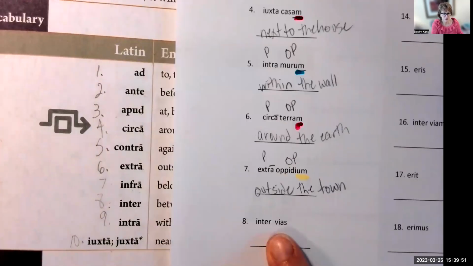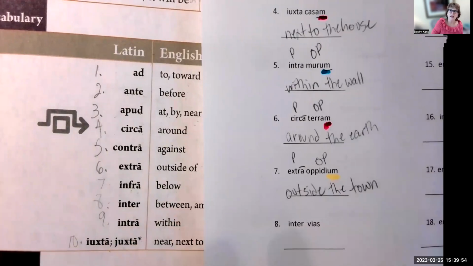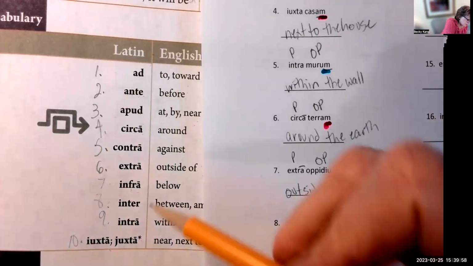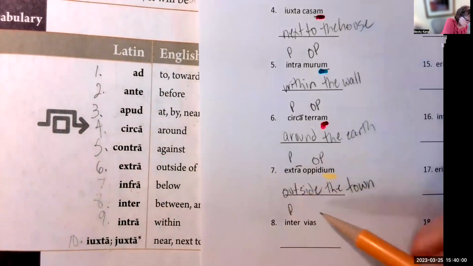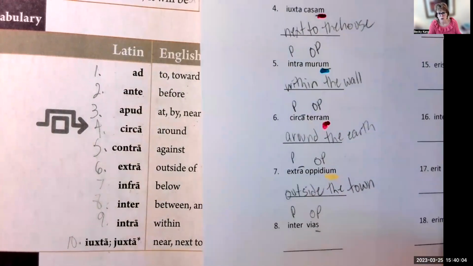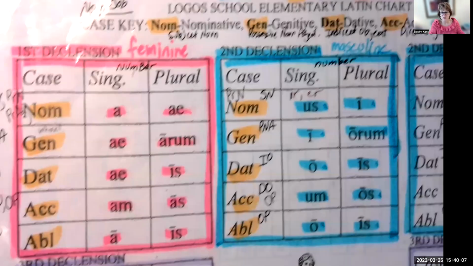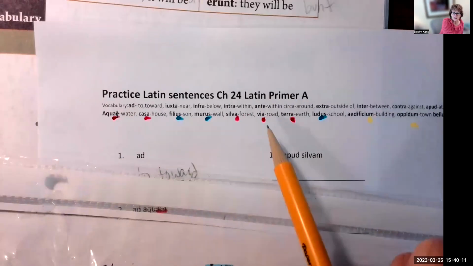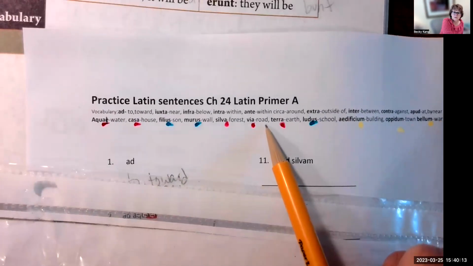Inter viam. What is inter? Inter's between. I like intersection, right? All right, P. Preposition, viam, object of the preposition. Now, where do you see A-M on here? You should know that via is road.